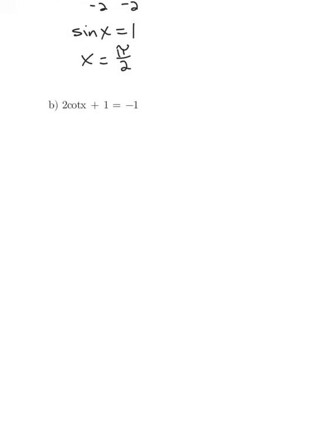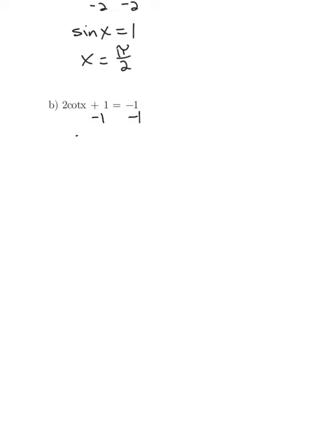On our second example, we have 2 times the cotangent of x plus 1 equals negative 1. The first thing we need to do is get the trig function, cotangent of x, that term by itself. Right now it's got a plus 1 with it, so we are going to subtract 1 on both sides.